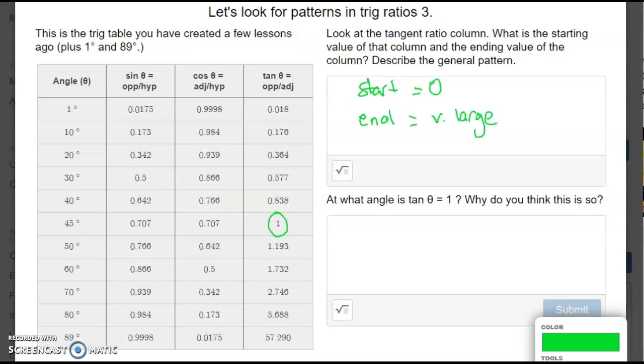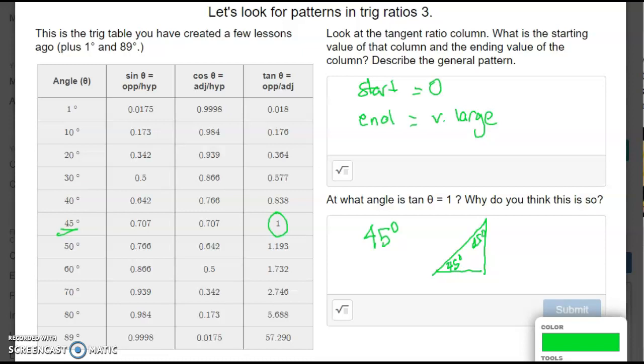And at what angle is tan theta equal to 1? We just said that tan theta is equal to 1 at 45 degrees. And why do you think this is so? Think about it. When it's 45 degrees, what do we know about the side lengths?